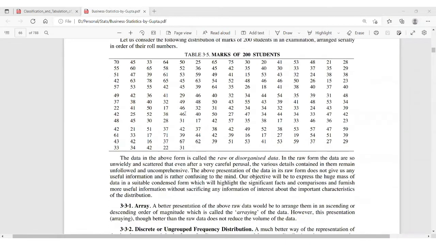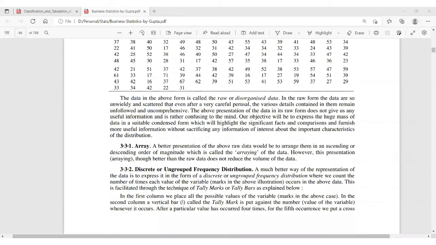The data in the above form is called raw or disorganized. In the raw form, the data is so unwieldy and scattered that even after very careful perusal, the various details contained there remain unobserved and uncomprehended.